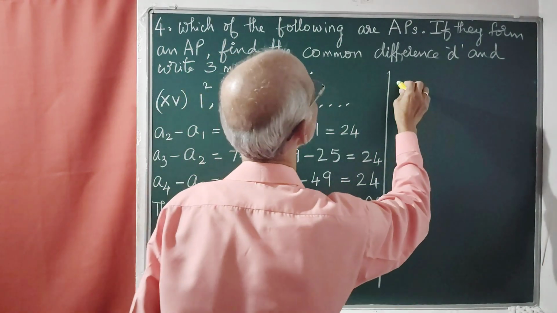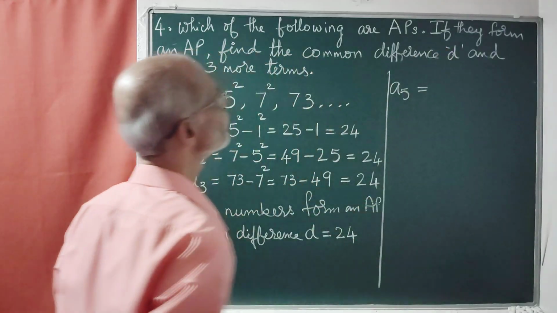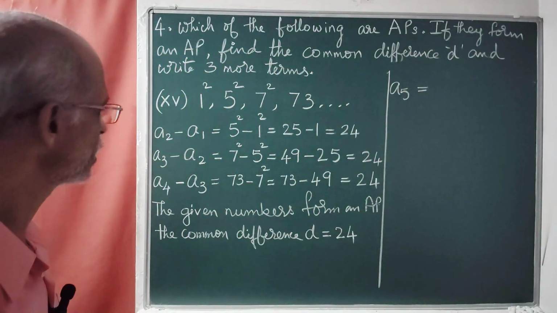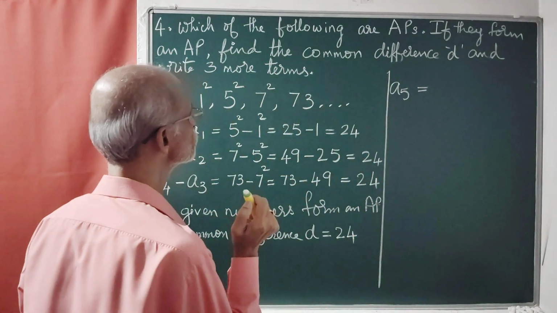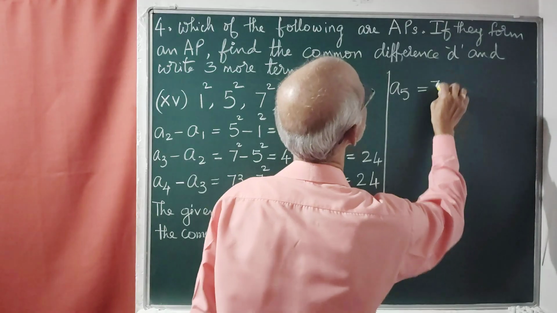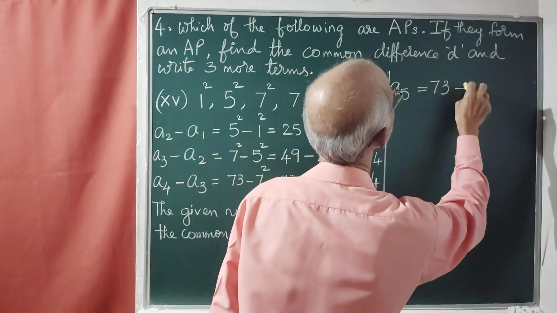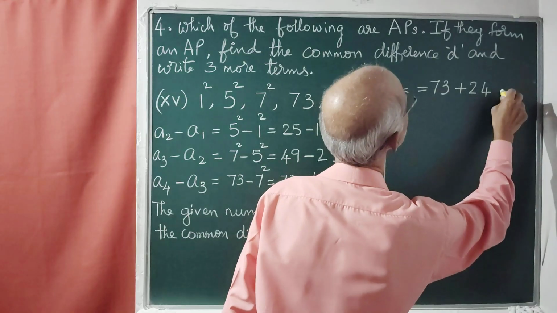We have to find A5. To find A5, what do we have to do? We have to add the value of D to A4. So A4 is 73. 73 plus the common difference 24.